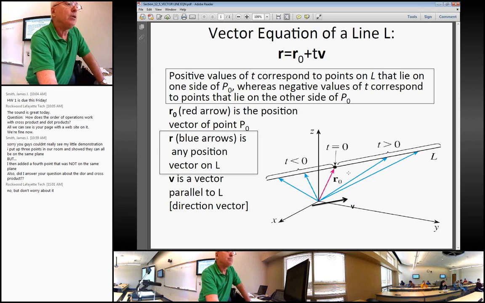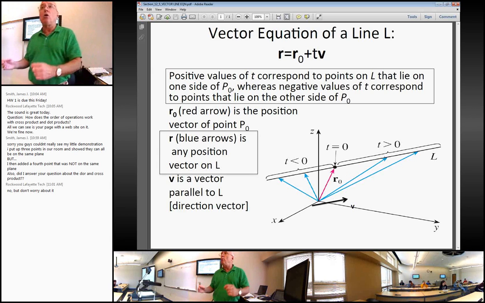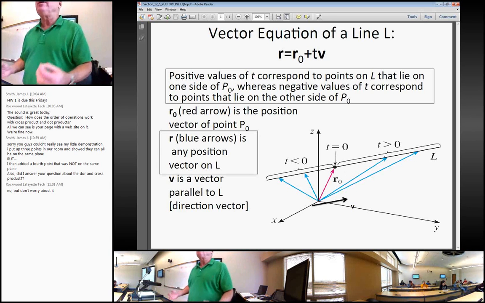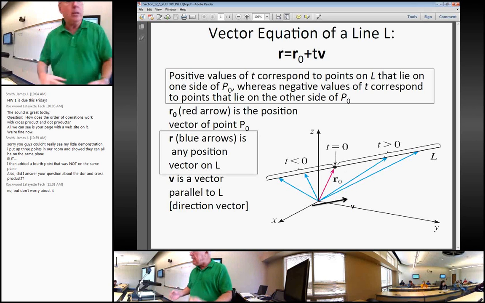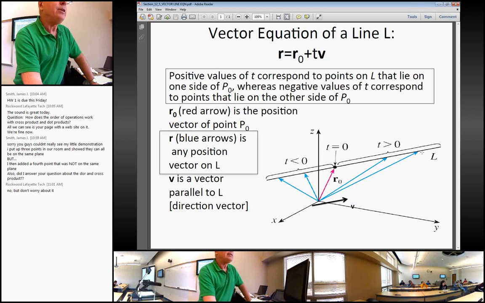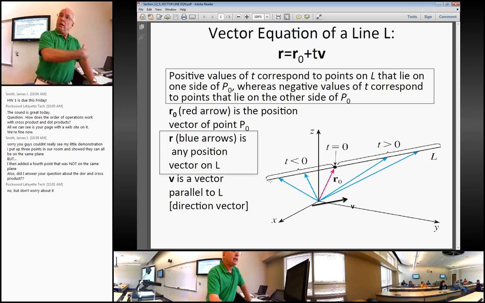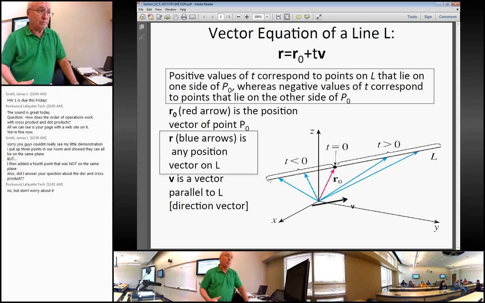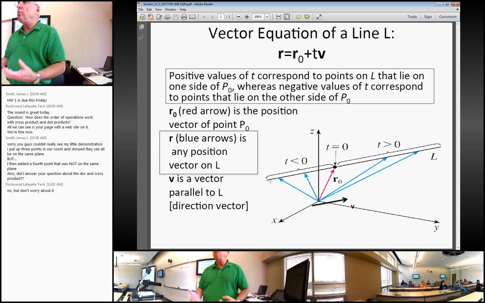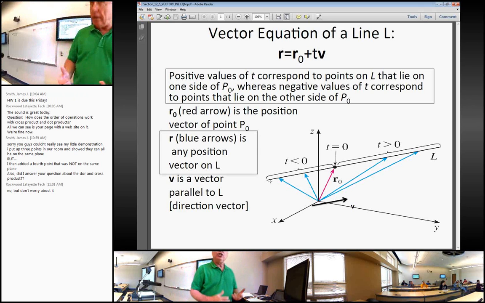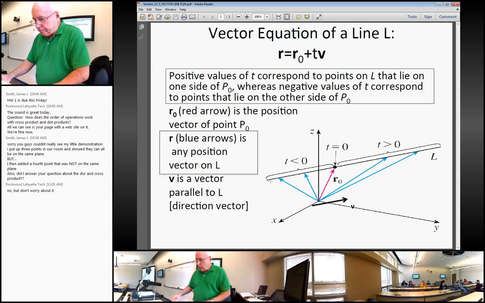These blue arrows point to new points on our line for various values of t. For bigger positive values, it's going to go further out on our line in this direction. For t equals 0, it's going to be right there on that point. If t is negative, we're going in the opposite direction, the other way from our point. So this is one way to represent the equation of a line.